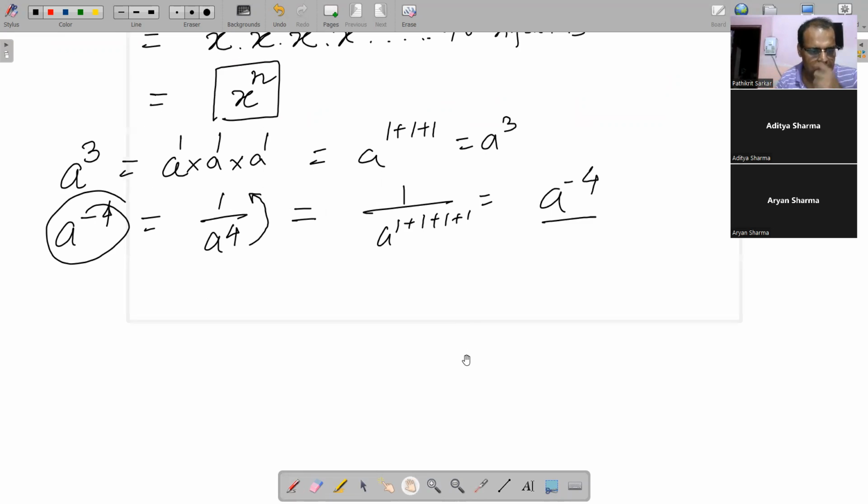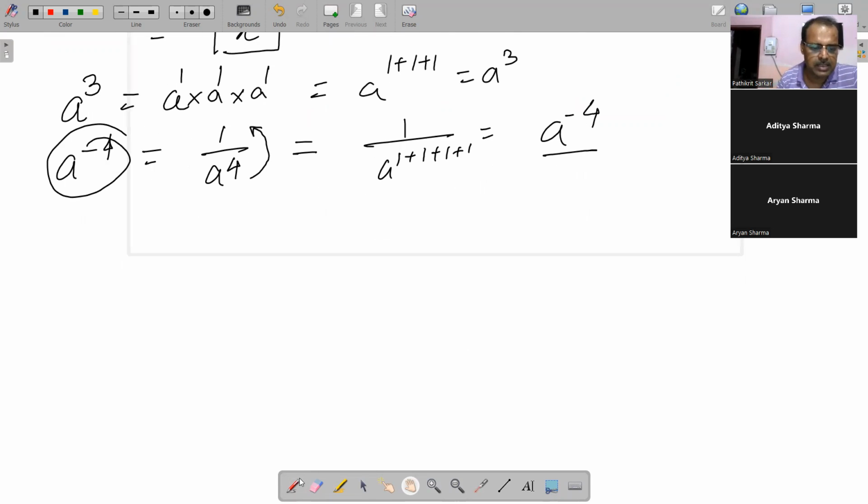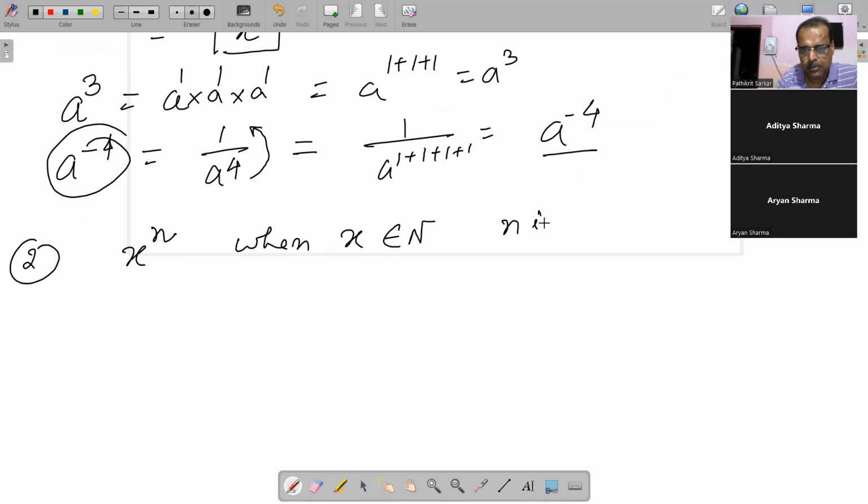Next, we come to the meaning of x to the power n when n is not a natural number, but a positive fraction. Number 2. Suppose x to the power n is given, where x belongs to the natural numbers, and in this case n is a positive fraction.